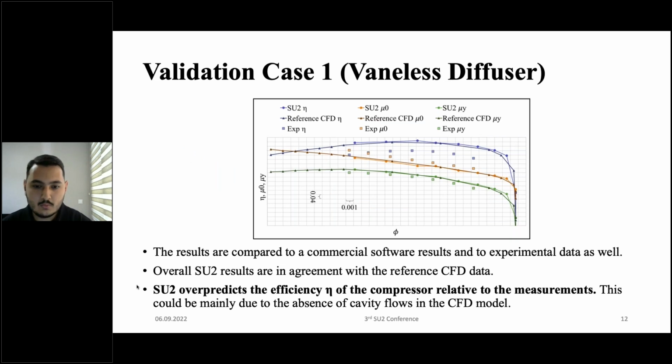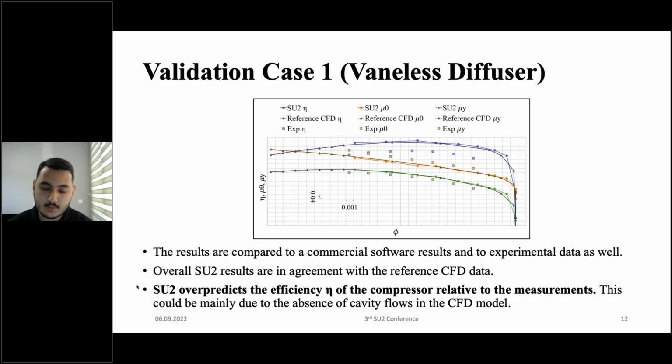For validation case 1, which was the vaneless diffuser case, I compared SU2's results to reference CFD data and to experimental data. Overall, SU2 results agreed very well with the reference CFD.